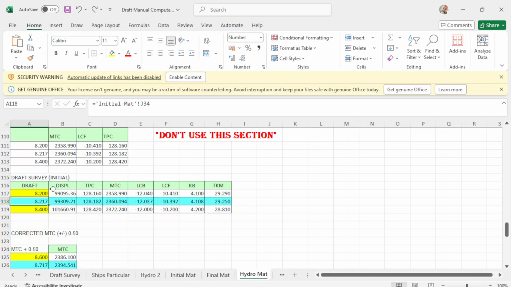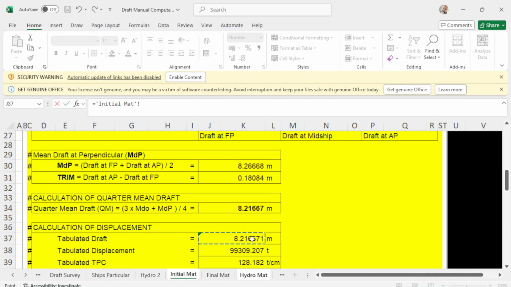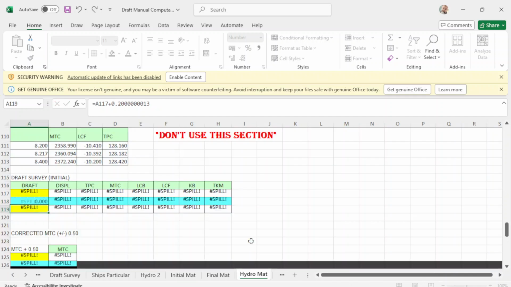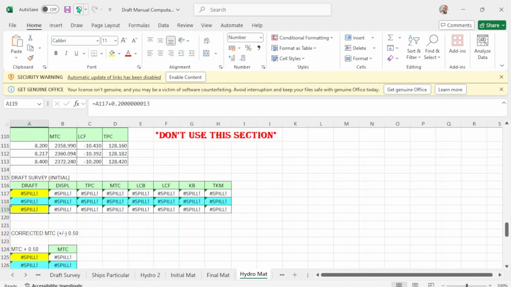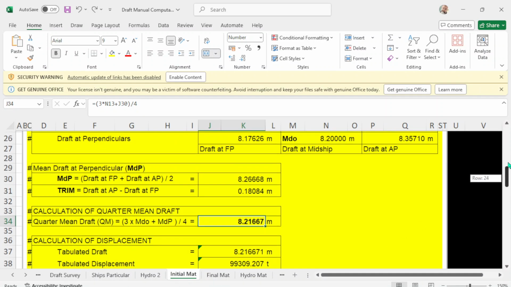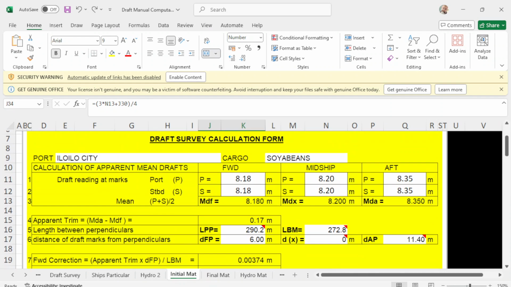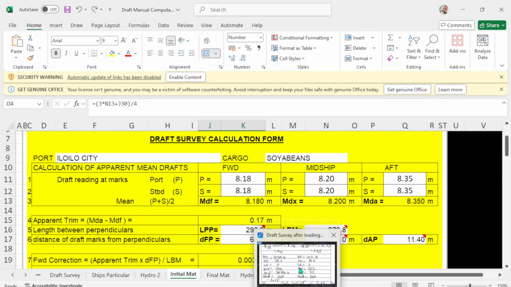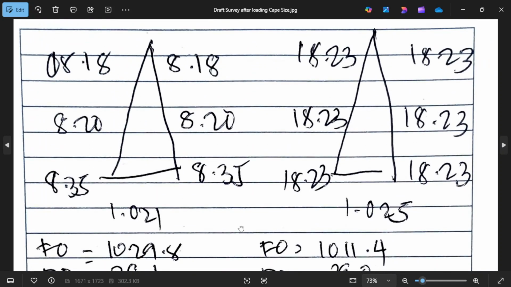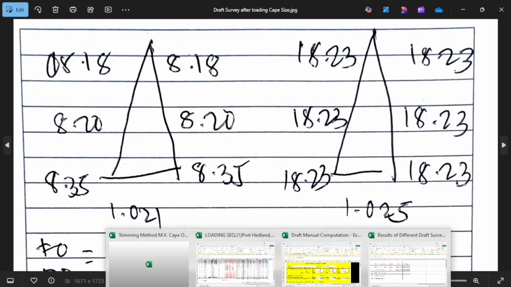Okay, equals. What happened? Undo. Double check, guys. 18.23.5.